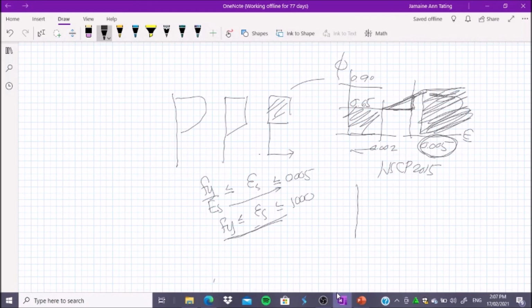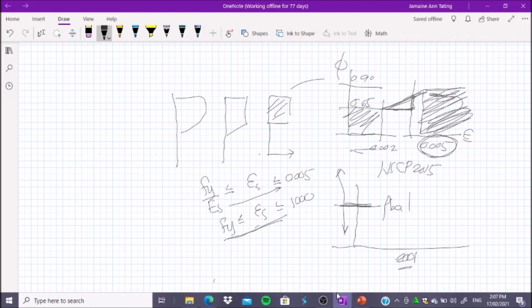Ngayon, kung titingnan nyo yung mga example natin ng low balance, hindi design tayo. So, kumbaga, sa vertical tayo, if this is the value of balance, pag below balance, ibig sabihin, under-reinforced, pag ganun, over-reinforced na sa NSCP 2001.